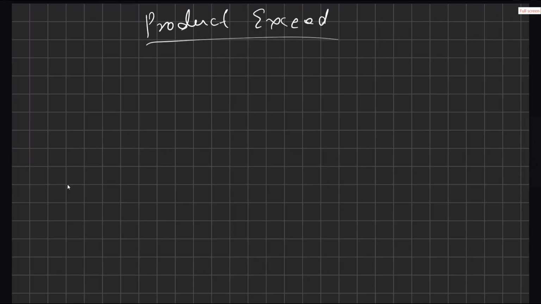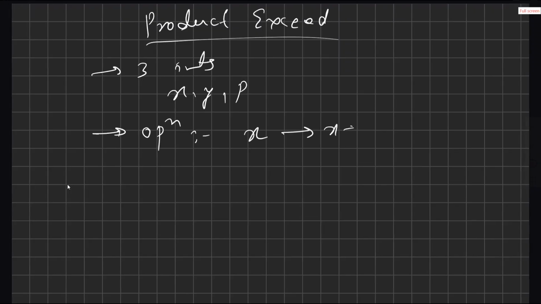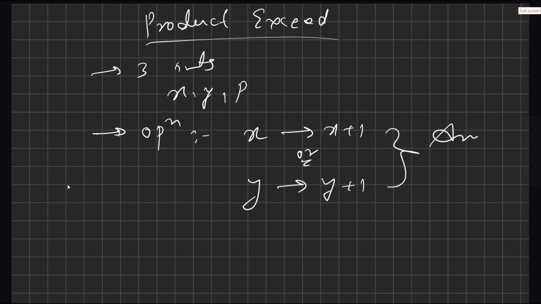In the problem statement, they'll give three integers, which are x, y, and p. The operation is that in one operation, we can either increase x by 1 or increase y by 1, any one operation, not both in one operation.